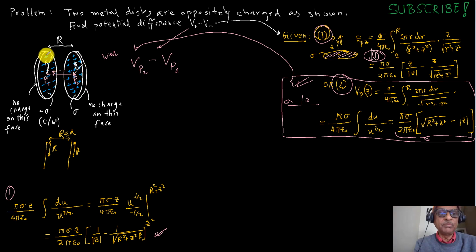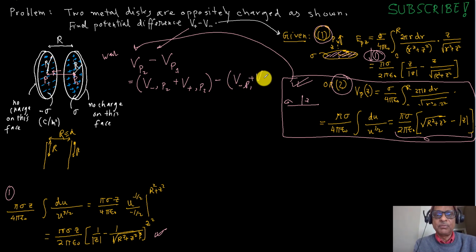The potential from this disk and the potential from that disk. So this will be V from the negative plate at P2 plus V from the positive plate at P2. Then I'm going to subtract V from the negative plate at P1 plus V from the positive plate at P1. So that's what we want. Each one of them, how do I figure out?